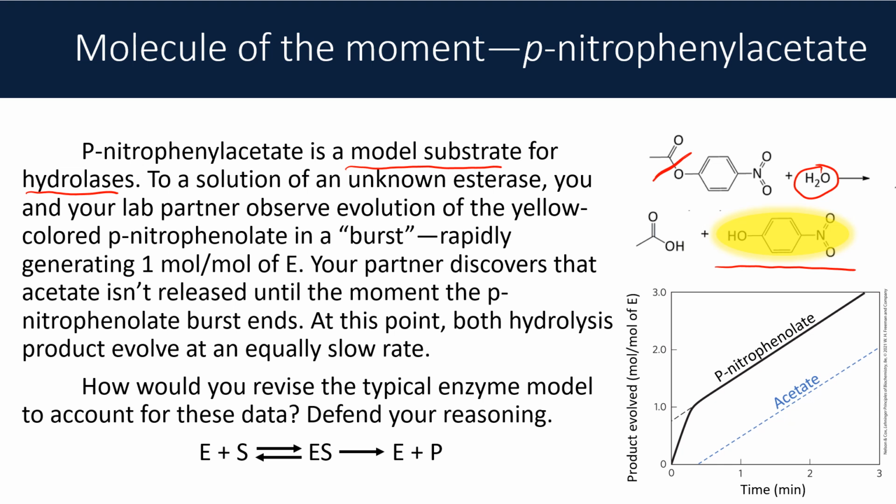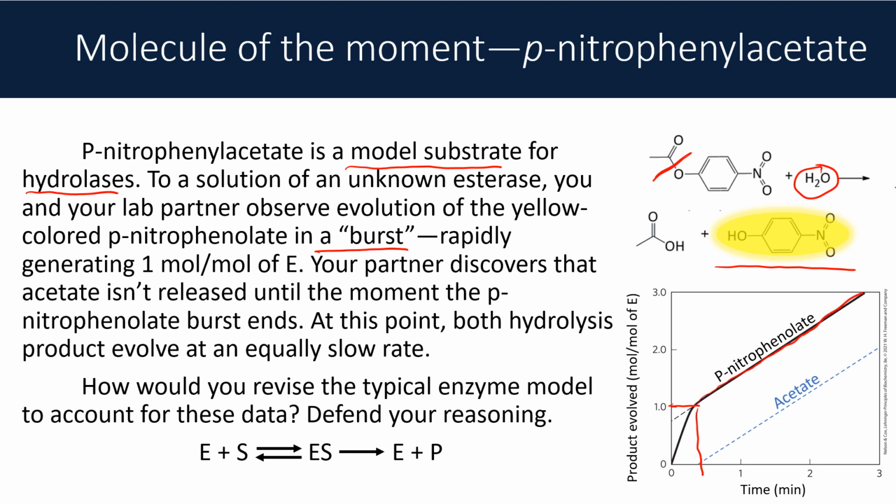You observe the generation of yellow-colored para-nitrophenolate in a burst pattern. You rapidly generate 1 mole of it for every mole of enzyme within an initial period, shown over there. So in the first couple of seconds of the experiment, the rate of this yellow product being formed is very fast, and then the rate slows down a bit.